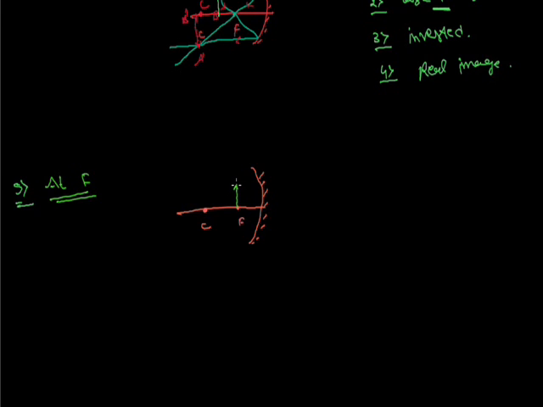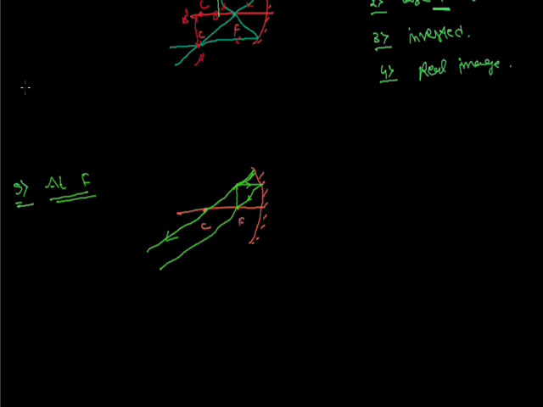Now rule number 1, the ray will become parallel to the principal axis and pass through the focus. The second rule states when the ray passes through the focus, it will be parallel to the principal axis. But from here, we are unable to draw a line which passes through the focus. So use rule number 3, that when the ray passes through the center of curvature, it will be reflected back in the same direction.